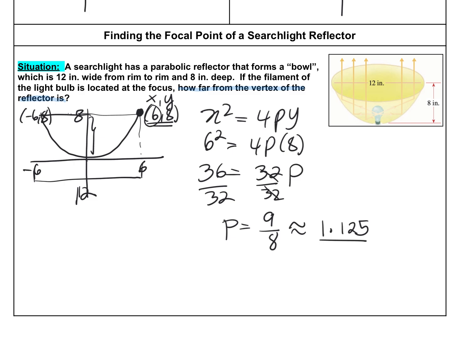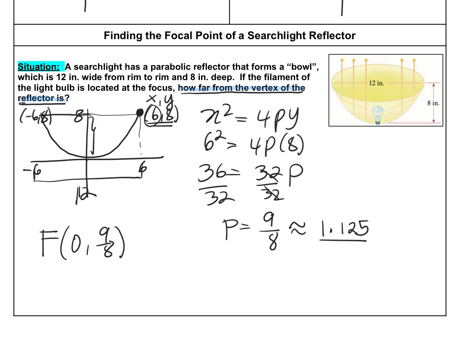To answer the question, how far from the vertex of the reflector is it? We have the p right now, which means the focus is located at 0, 9 over 8. So the distance between the vertex and the focus is 9 over 8. So that gives us its location already.